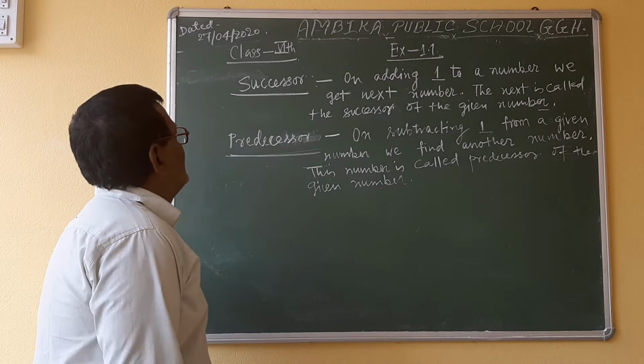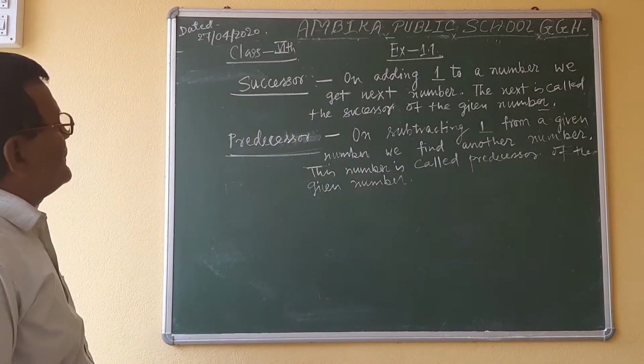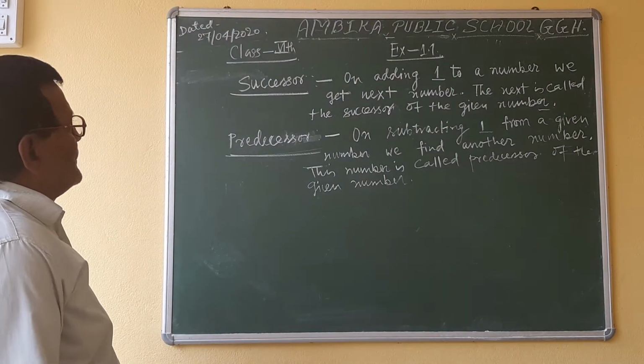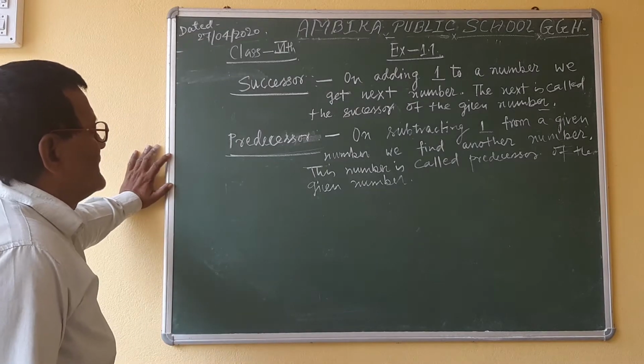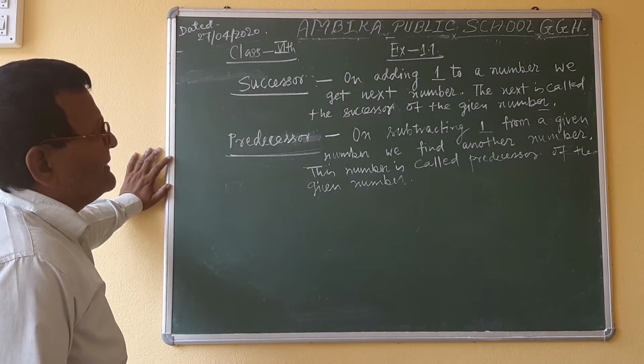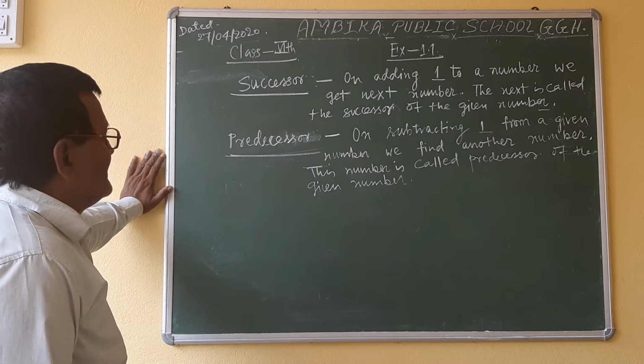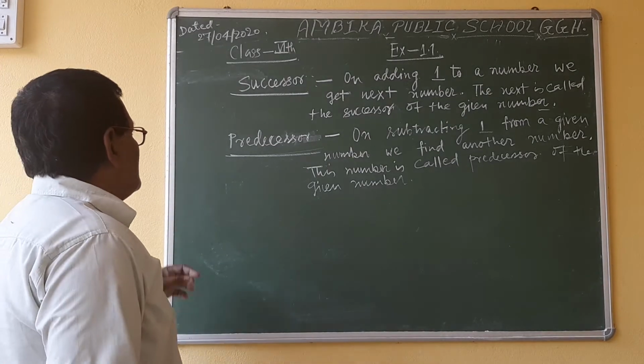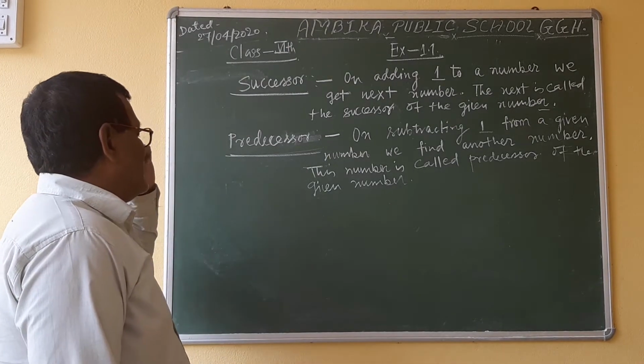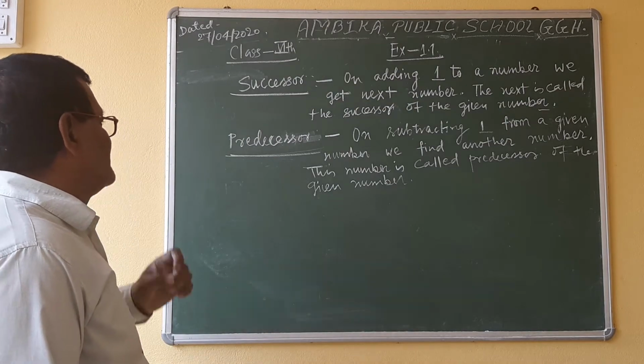So for the successor you will add 1 to the given number, and to find the predecessor you will subtract 1 from the given number.